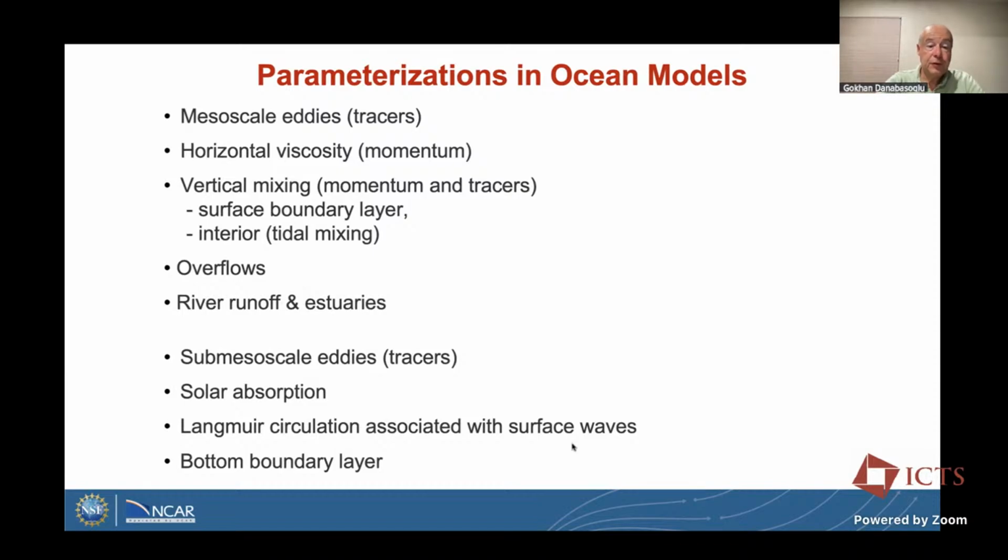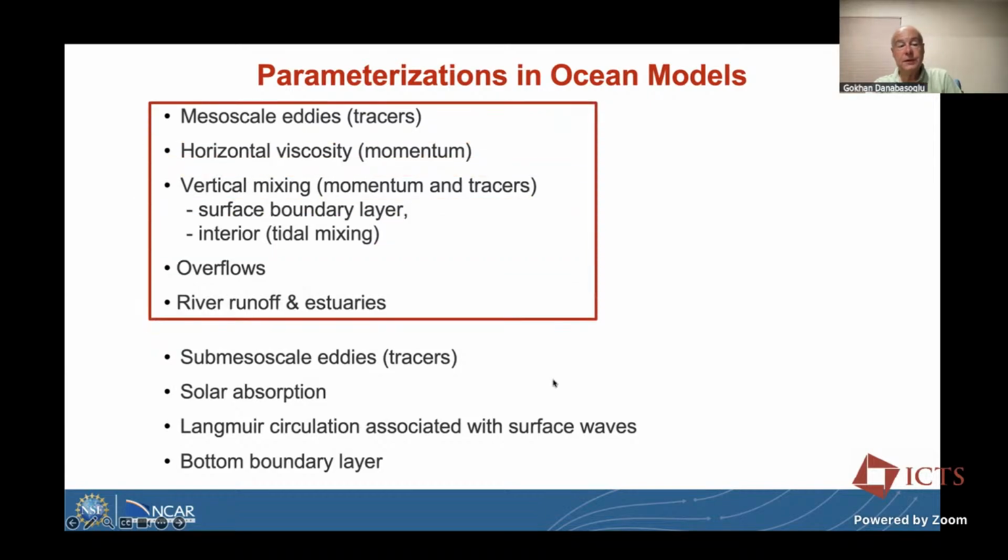River runoff and estuaries, submesoscale eddies, again for tracers. Solar absorption, Langmuir circulation associated with surface waves, and bottom boundary layers. In the interest of time, I would like to just focus on the top five. One reason is that I was heavily involved in development of at least the top four parameterizations listed here.